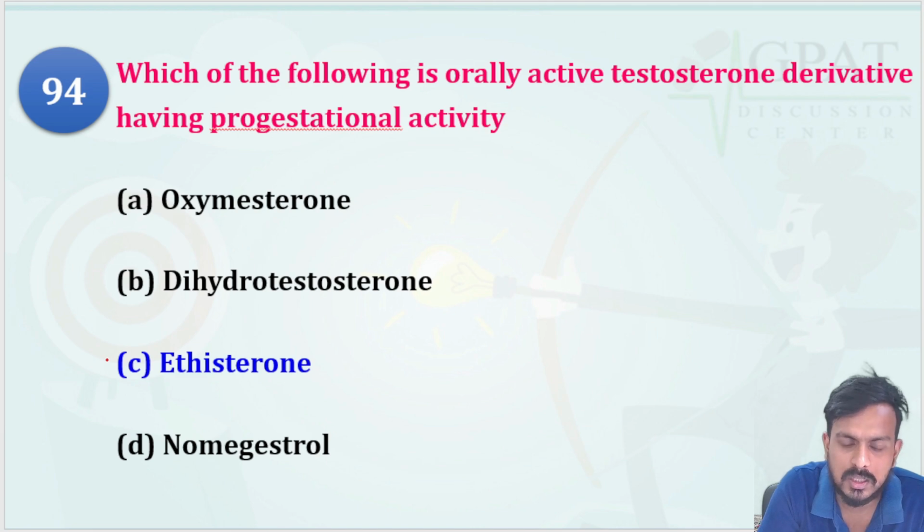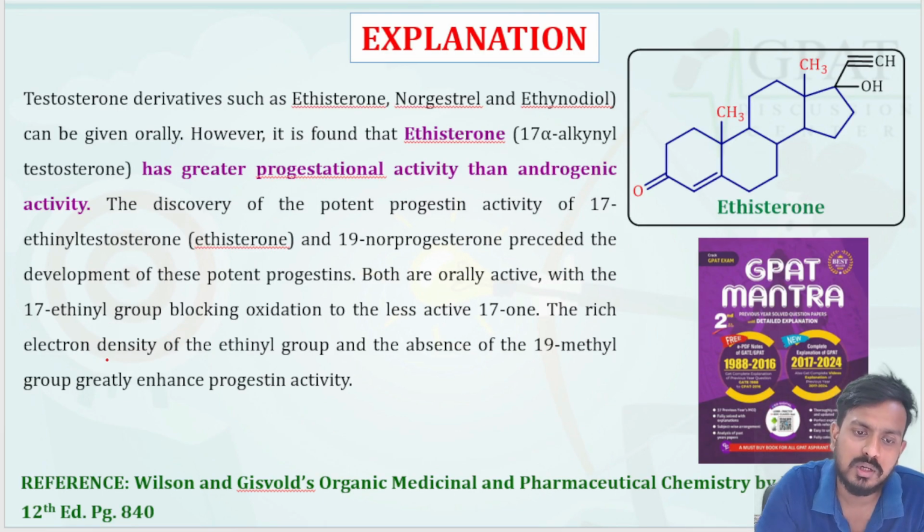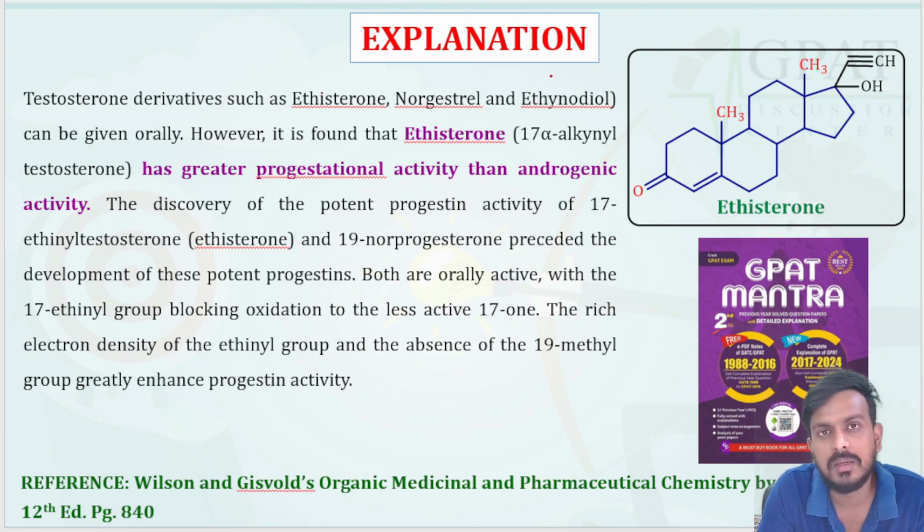So ethisterone is an orally active testosterone derivative with progesterone activity. Testosterone derivatives like ethisterone and norgestrel can be administered orally. However, ethisterone has greater progesterone activity than androgenic activity.